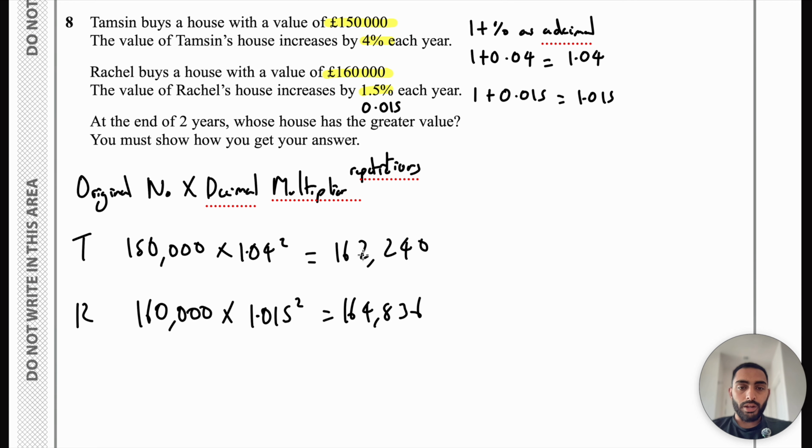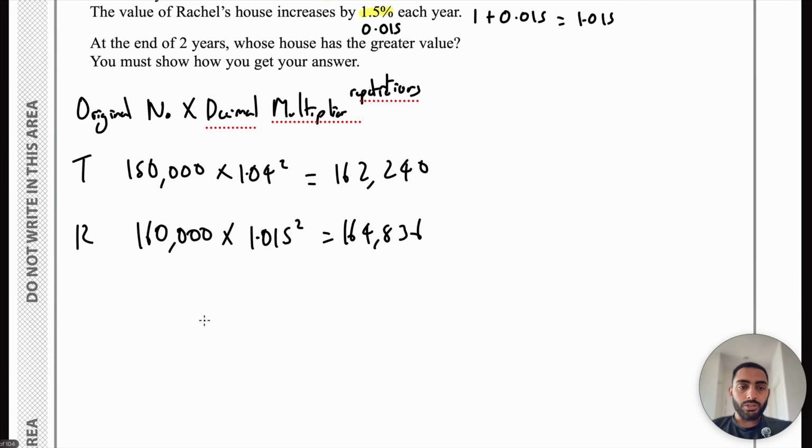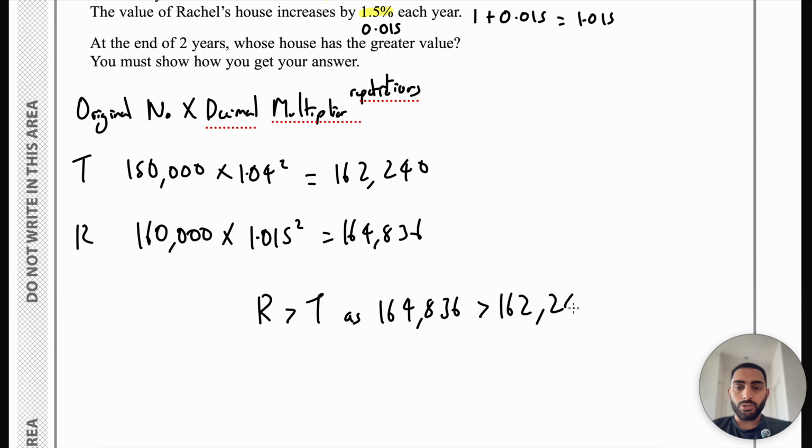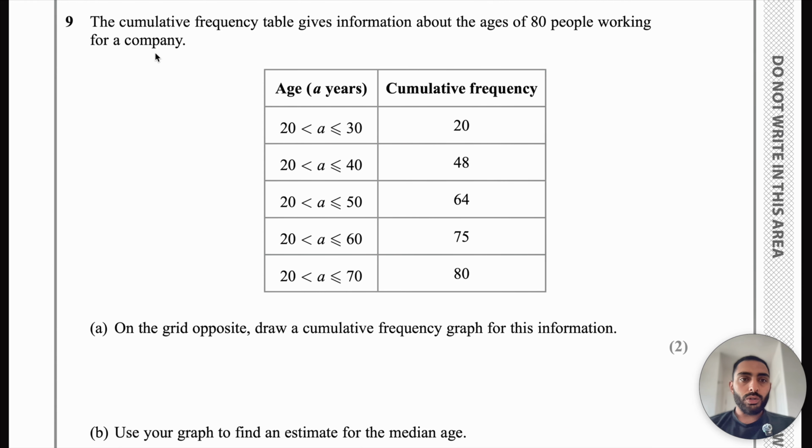Rachel has 4,000 and Tamsin has 2,000. So Rachel is greater than Tamsin, as 164,836 is greater than 162,240.